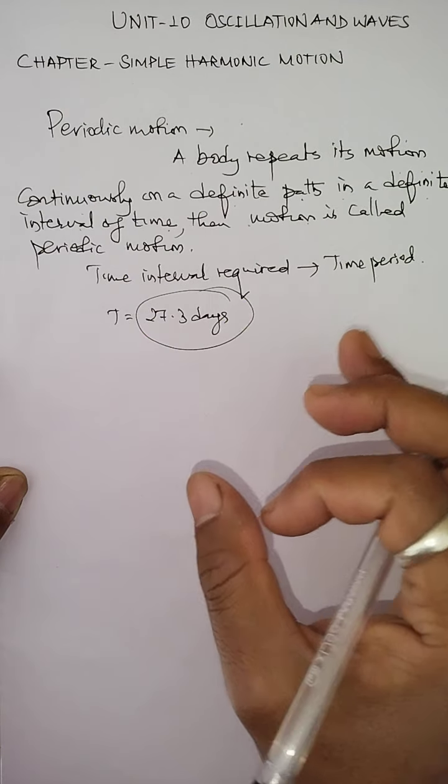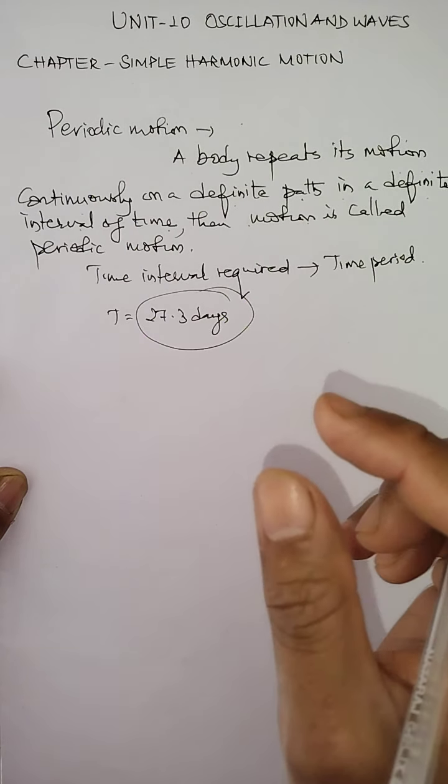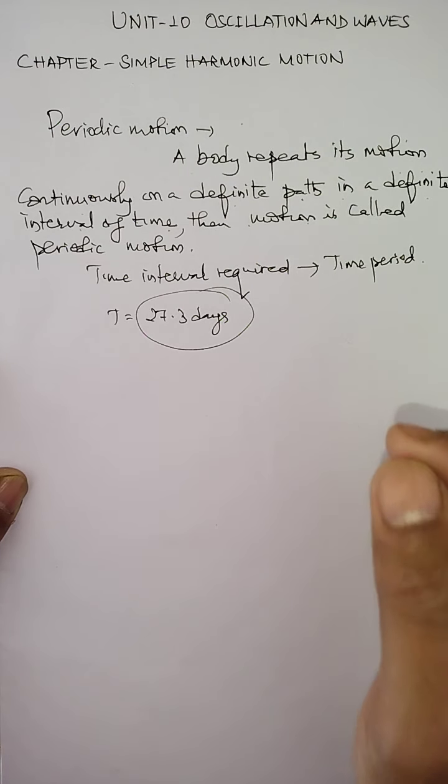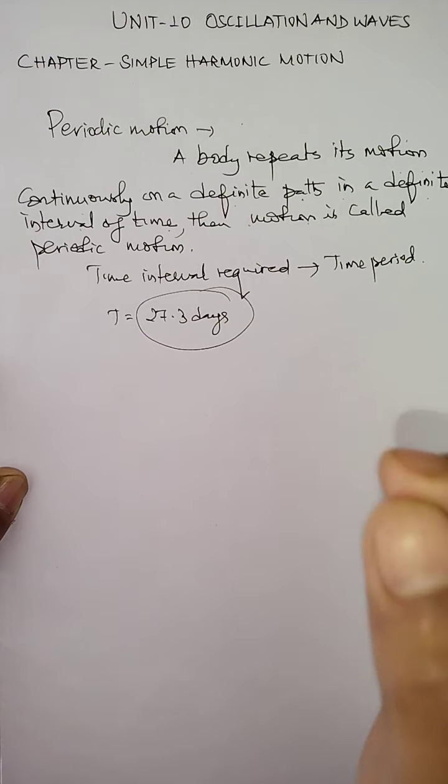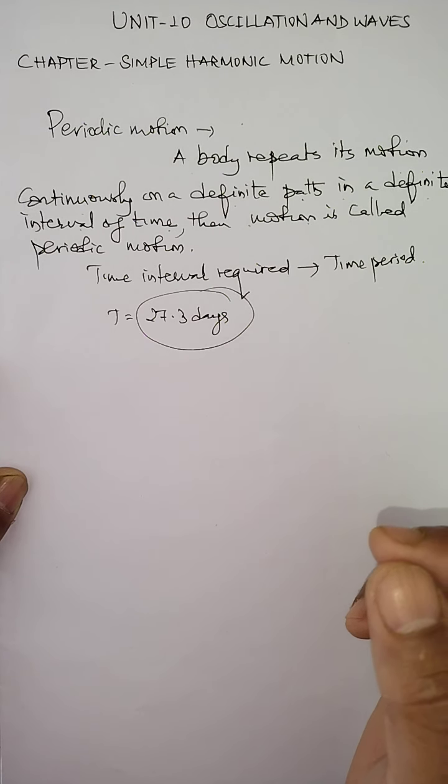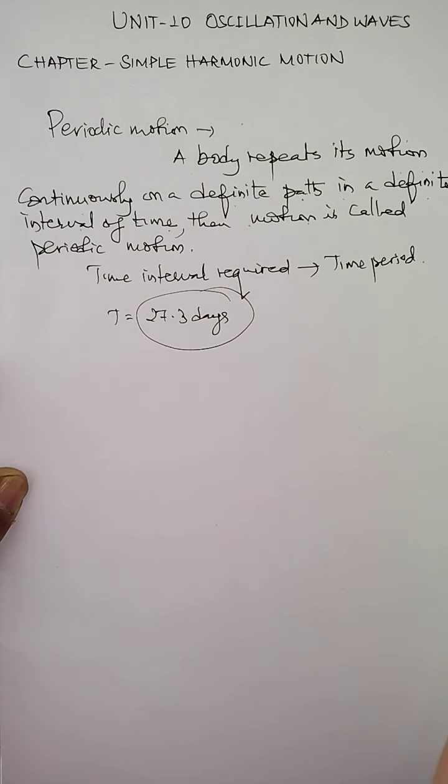Similarly, the motion of the hands of a clock is also an example of periodic motion. The time period of the minute hand is 1 hour, and that of the hour hand is 12 hours. That means this is also an example of periodic motion.